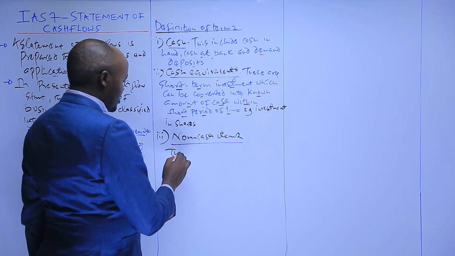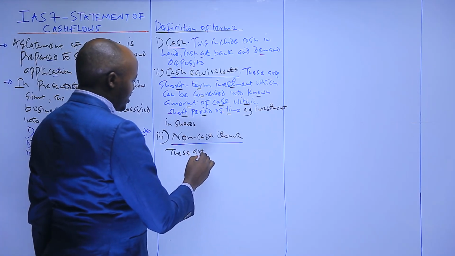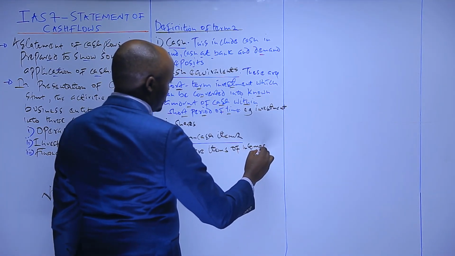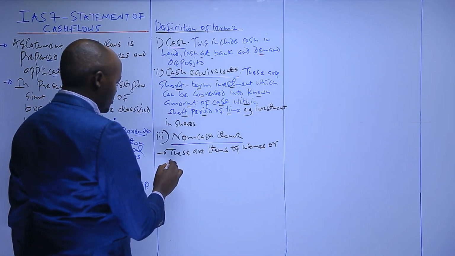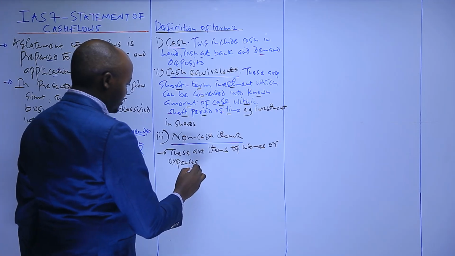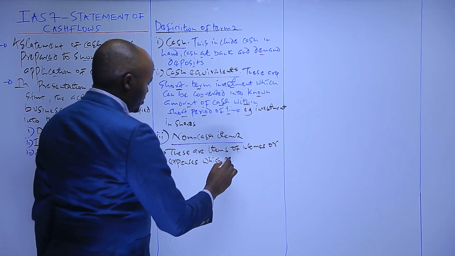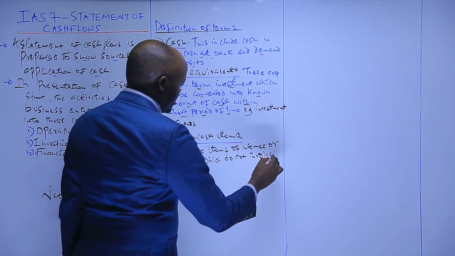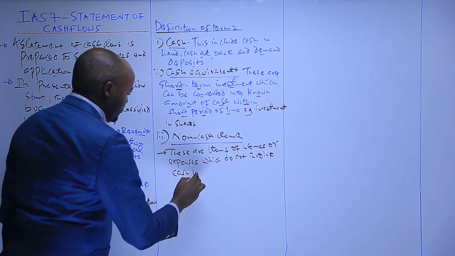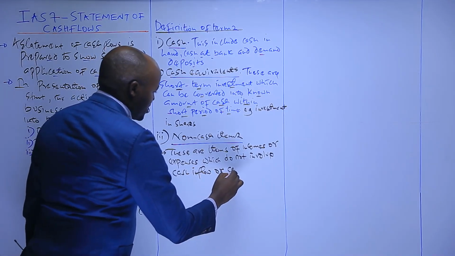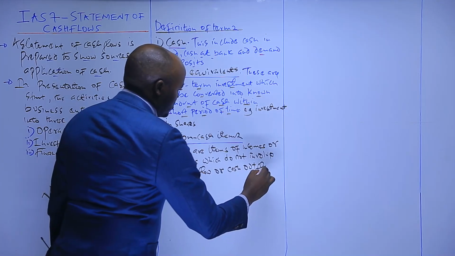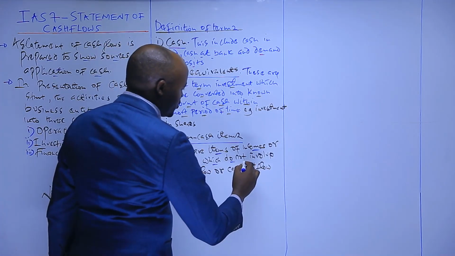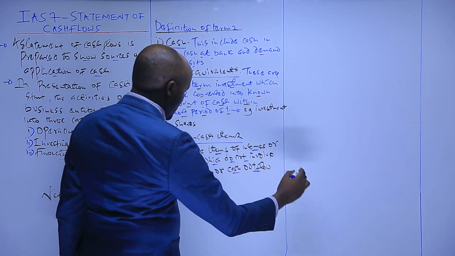So these are items of incomes or expenses which do not involve cash inflows or cash outflows.